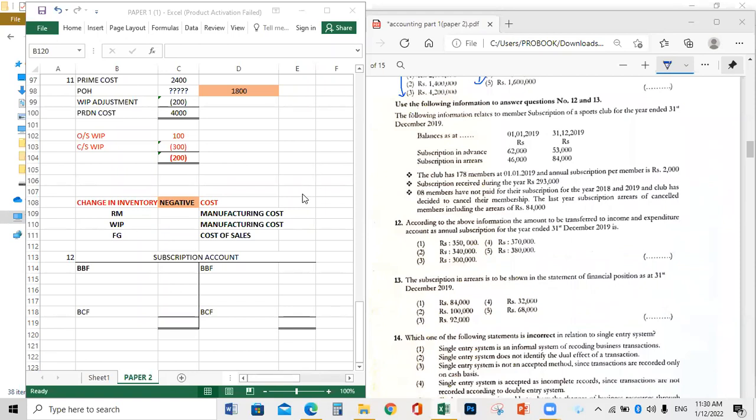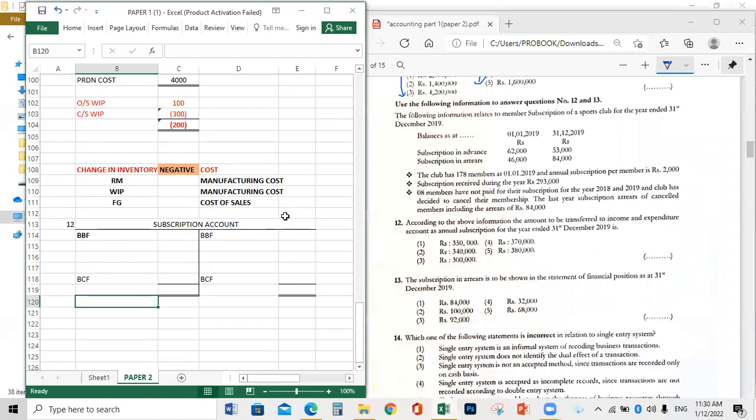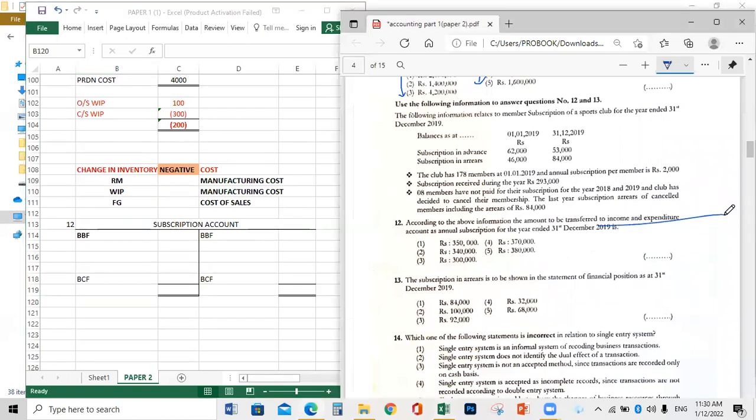So guys, I'll quickly draw the subscription account. Yeah, Shifna, both are correct. I think there are two Shifnas. Both of y'all, both are correct. I think this question is easy, no? We'll see. So they're asking you what is the amount you transfer to income and expenditure, and the subscription in arrears for the closing date.